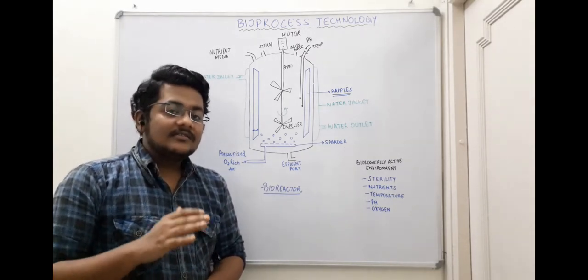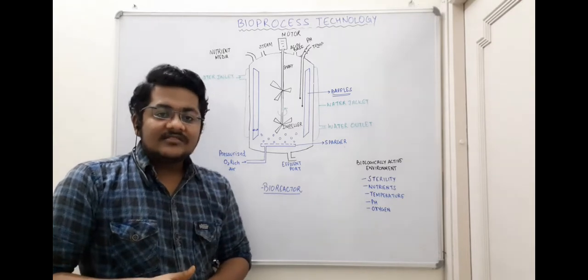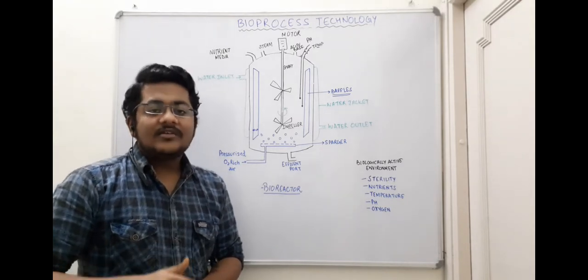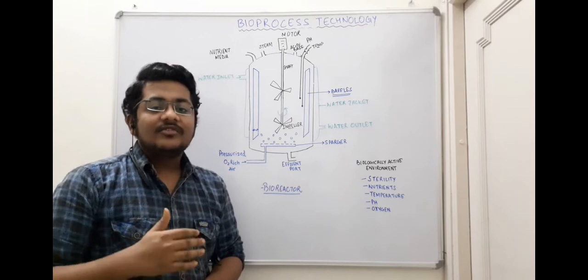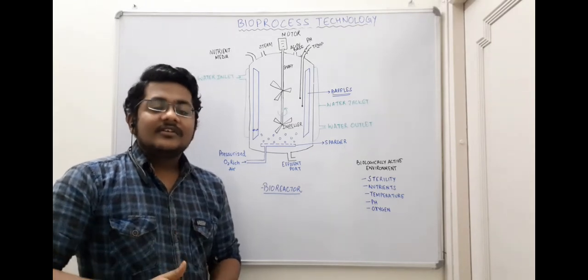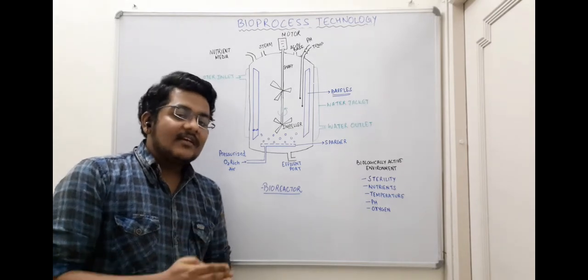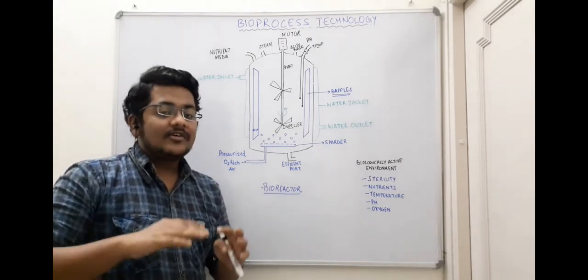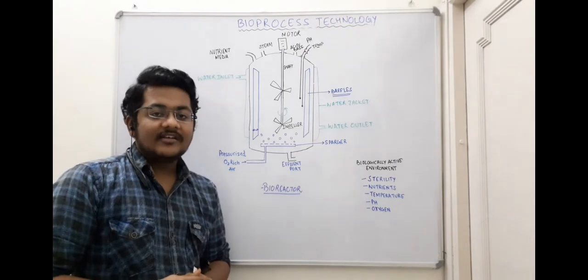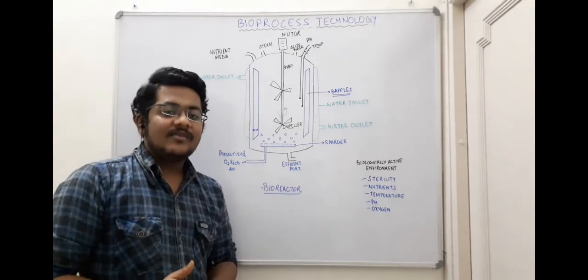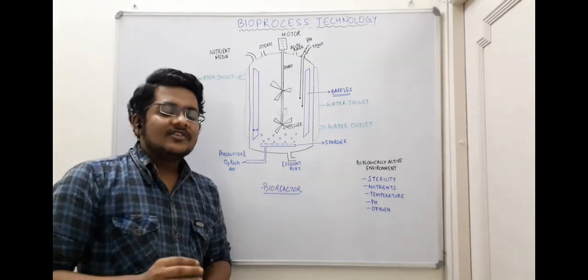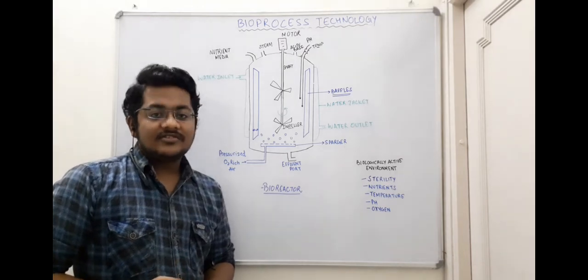The nutrient media in it is of an equal amount, and the cell biomass which grows in it is also of similar amount. And we want that each and every cell from that huge amount of biomass should get a good amount of nutrition.